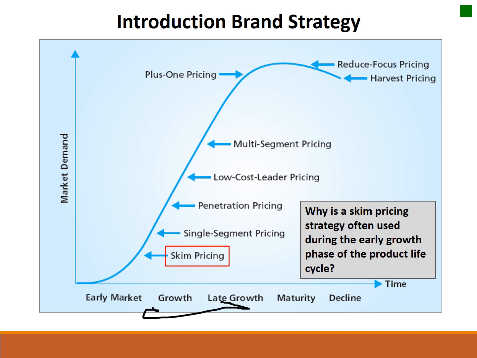So innovators are less price sensitive. They're willing to pay more for the product, and since volume is low, we want to make a profit that's high enough, so we set a higher margin by pricing the product up high.